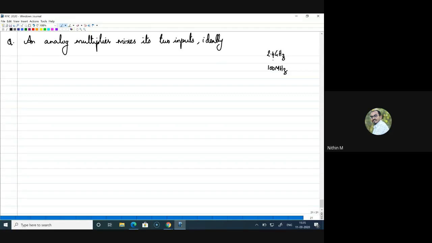The second harmonic of this amplifier will occur only at 4.8 gigahertz. If the bandwidth of the amplifier is only within this 100 megahertz, towards left and right, then your second harmonic will appear at another frequency, which is definitely out of band, not coming within the band. That is what I meant by a narrowband system.